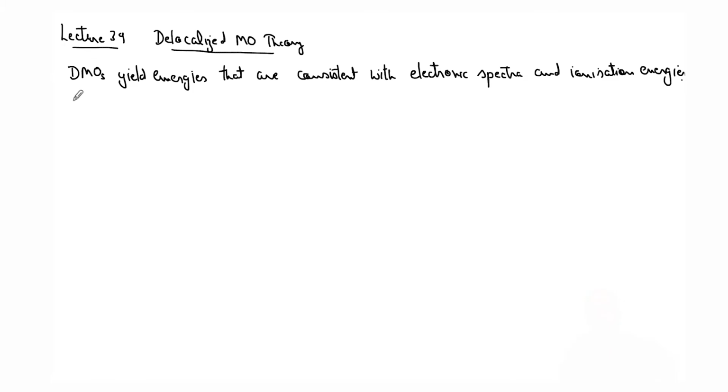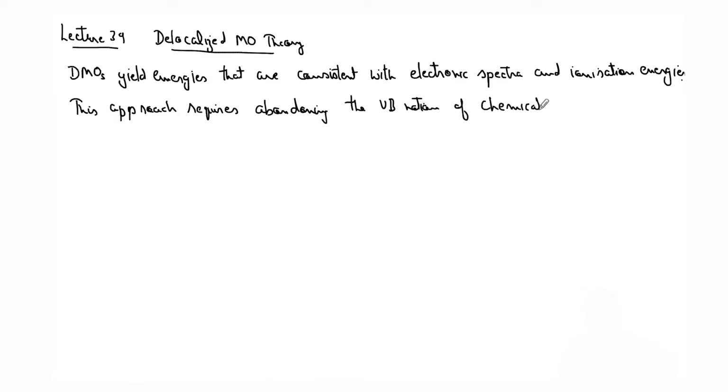So this particular approach requires abandoning the VB or valence bond notion of chemical bond. What is that notion? That the electron pairs subside between the shared atomic orbitals or between the interacting atoms, right?